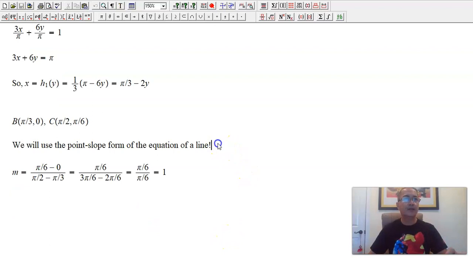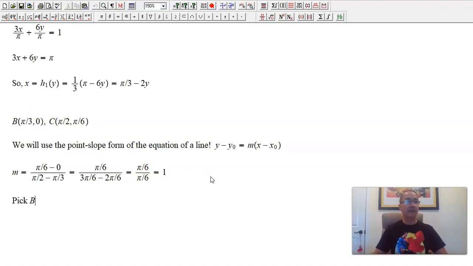What does the point-slope form look like? Remember, it's like this. You have y minus y0 equals the slope m times x minus x0. Who are these x0 and y0? Pick any point. We have 2 choices. Whether we choose B or C, we should get exactly the same equation once we simplify them. So might as well use point B because it's simpler.